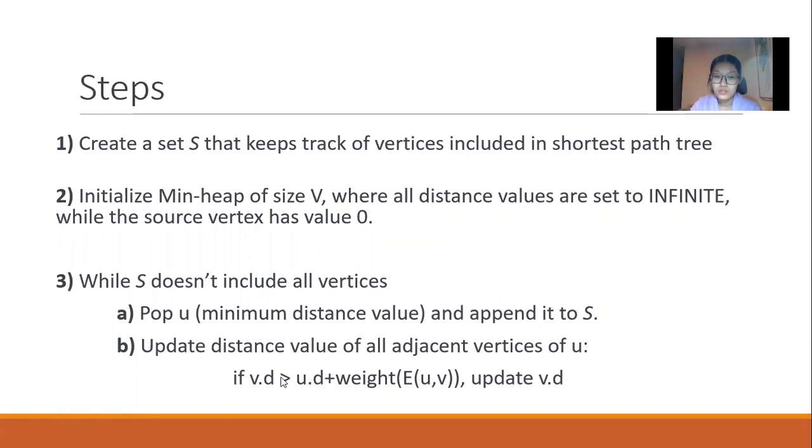If it's smaller, we just keep the same thing in the min heap. We repeat until we find a shortest path from the source vertex to every node in the graph.